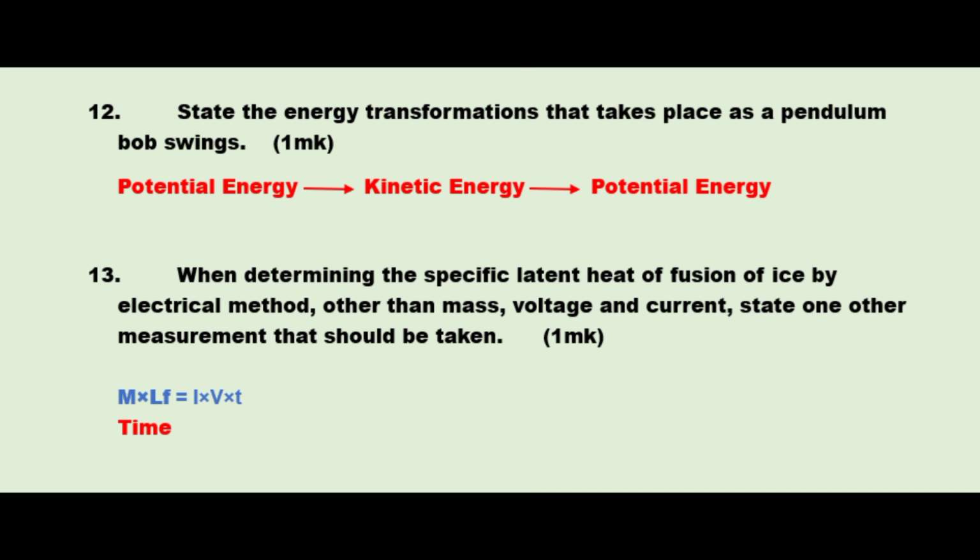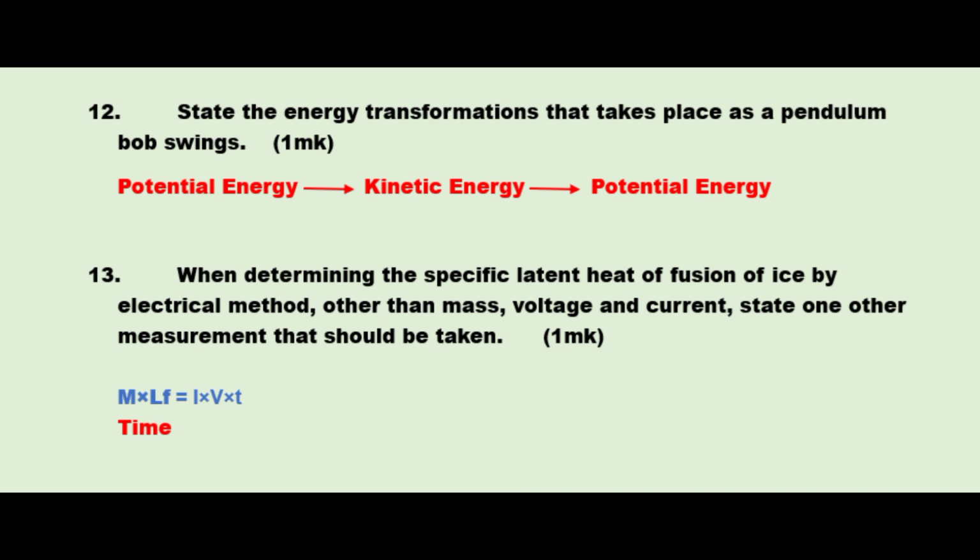We know the formula MLF equals, because we are determining current and voltage, power times time. That means it will be current times voltage times time, because you are looking at what is losing the heat and what is gaining the heat. The heater is the one that is heating the ice.